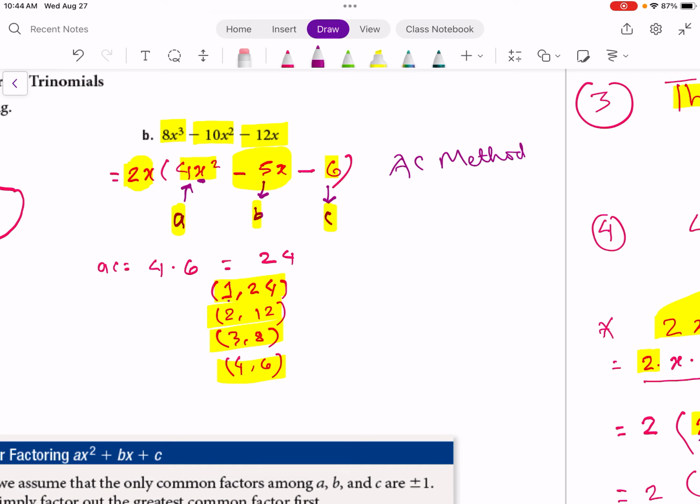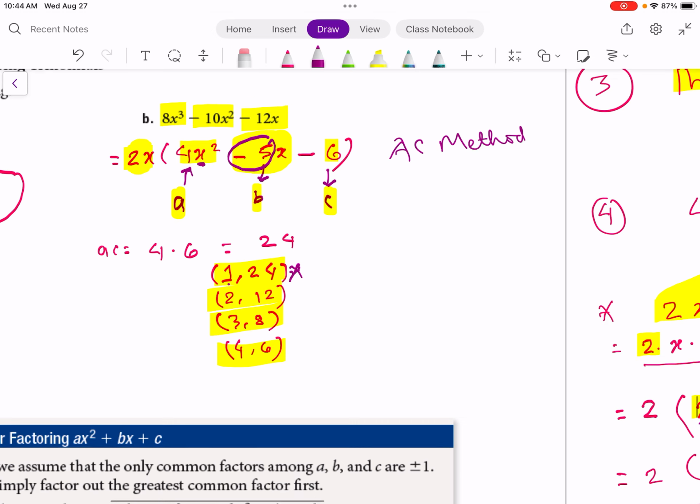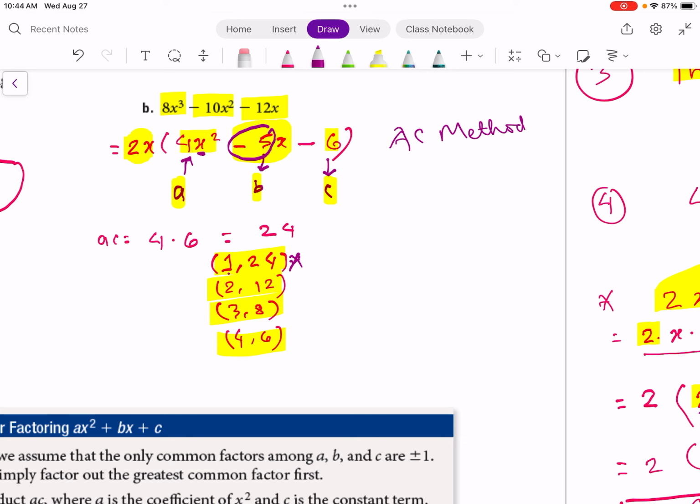For example, let me take 1 and 24. 1 plus 24 is 25, 1 minus 24 is 23. But we want negative 5 using these numbers, so this is not good. Now let's try 2 and 12. 2 plus 12 is 14, 2 minus 12 is 10. That's not what we want. We want negative 5. Now we have 3 and 8. 3 plus 8 is 11, 3 minus 8 is minus 5. That's what we want. So we will use this pair of factors to rewrite negative 5x.